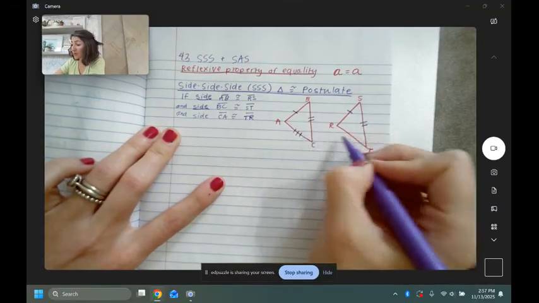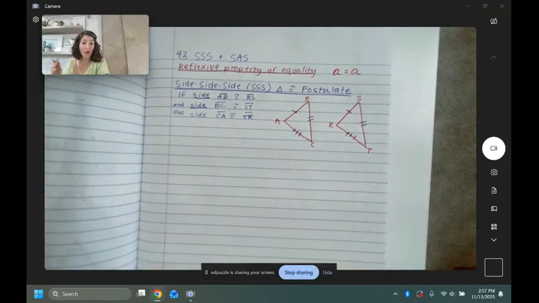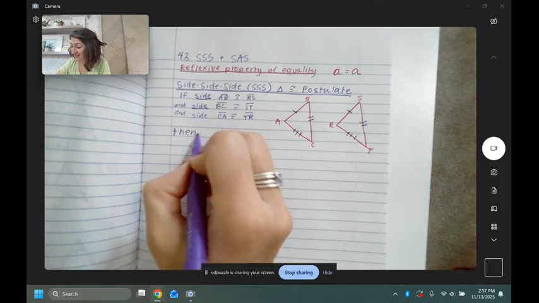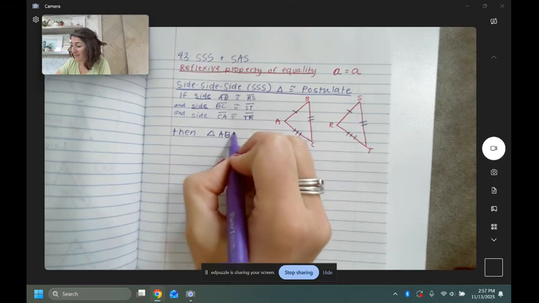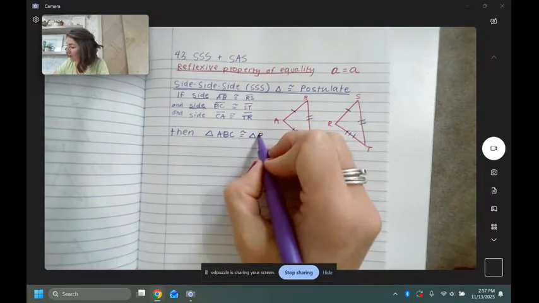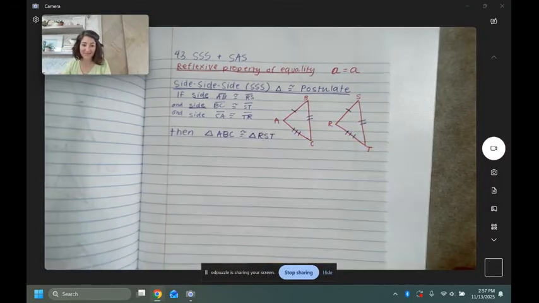If you can prove to me that all three of those things are true, then triangle ABC is congruent to triangle RST.